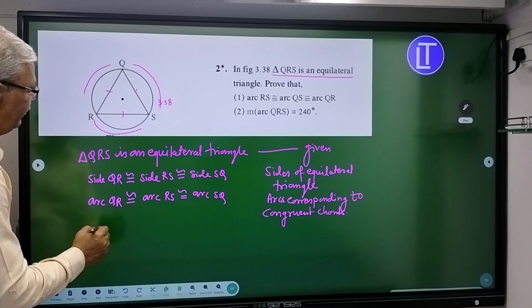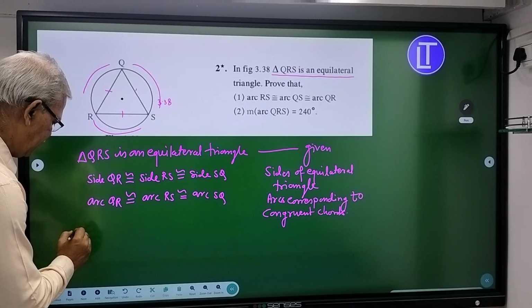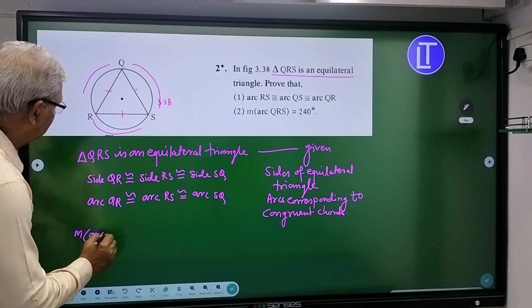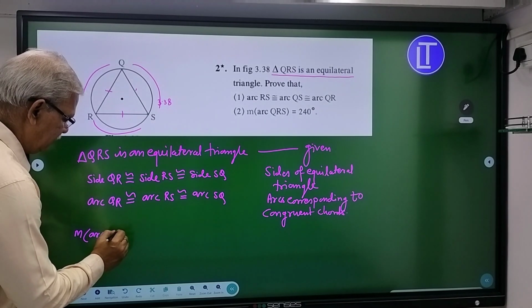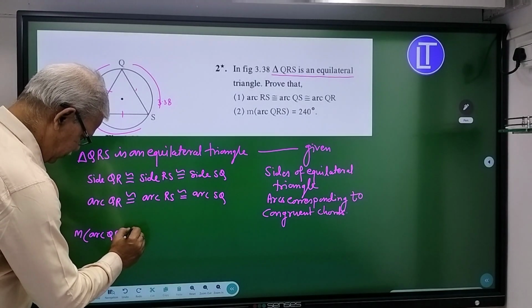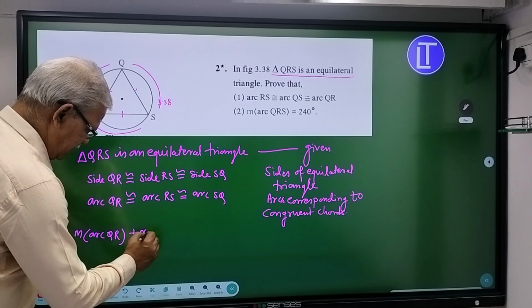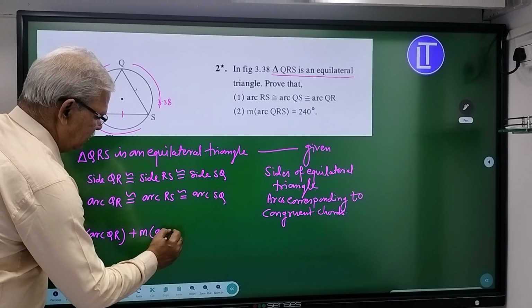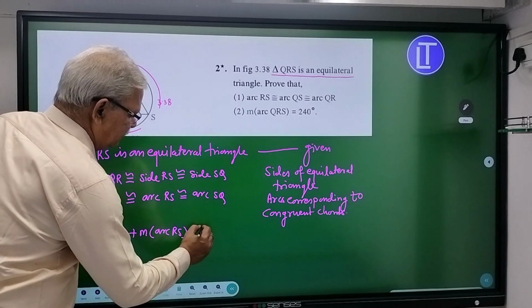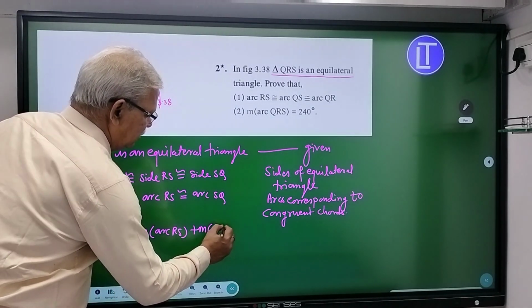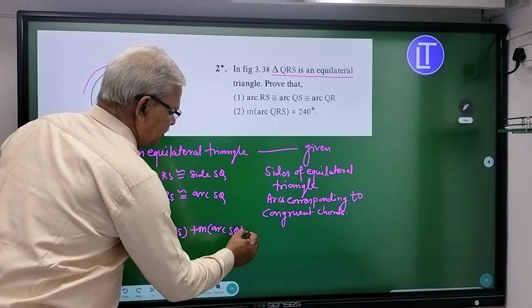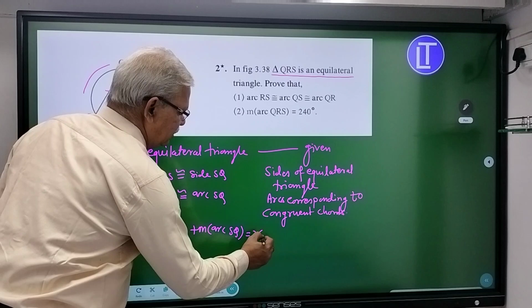Now after this, see here all the three arcs are congruent. Therefore, here we will write measure of arc QR plus measure of arc RS plus measure of arc SQ is equal to 360.